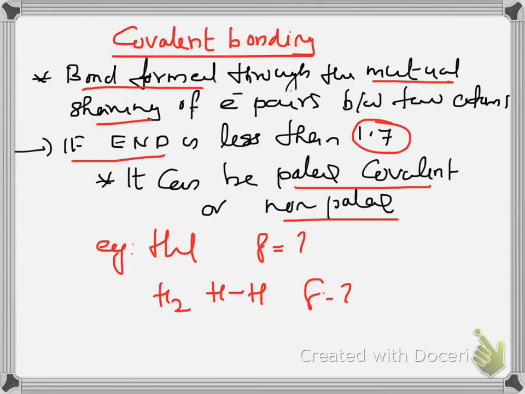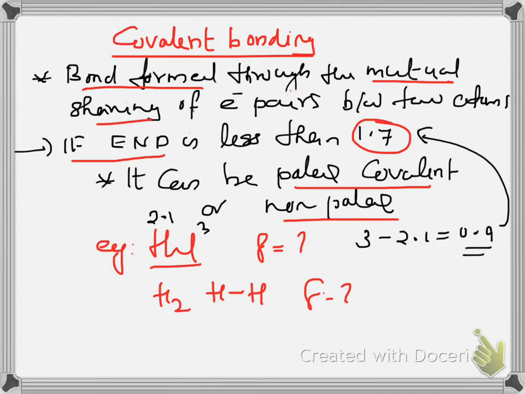Example: in HCl, the electronegativity of hydrogen is 2.1 and chlorine is 3. So the difference is 3 minus 2.1, that is 0.9, which is less than 1.7. So it is a covalent molecule.